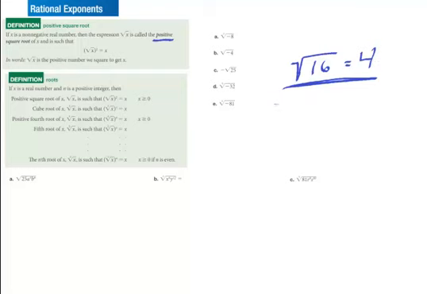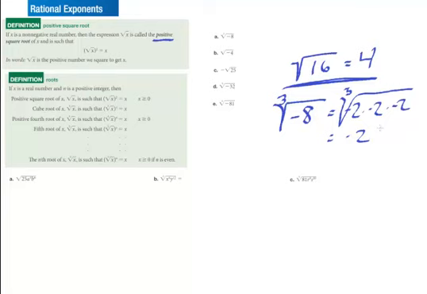Now, cubed root can only have one answer. If I looked at, say, cube root of -8, that must be -2, -2 times -2 times -2. The cubed root must be -2, and it cannot be +2.